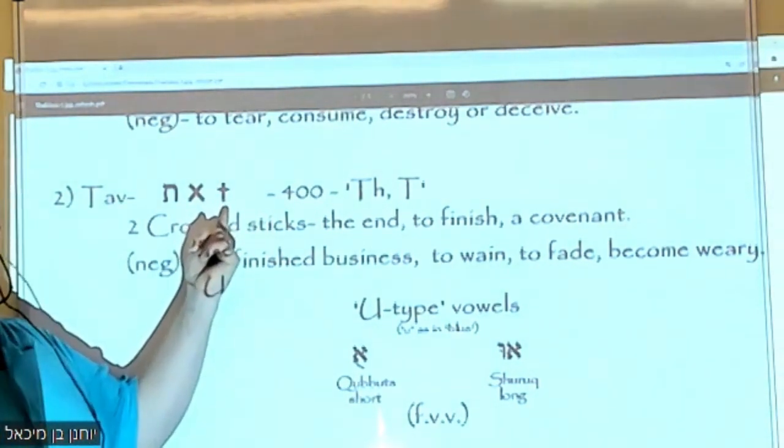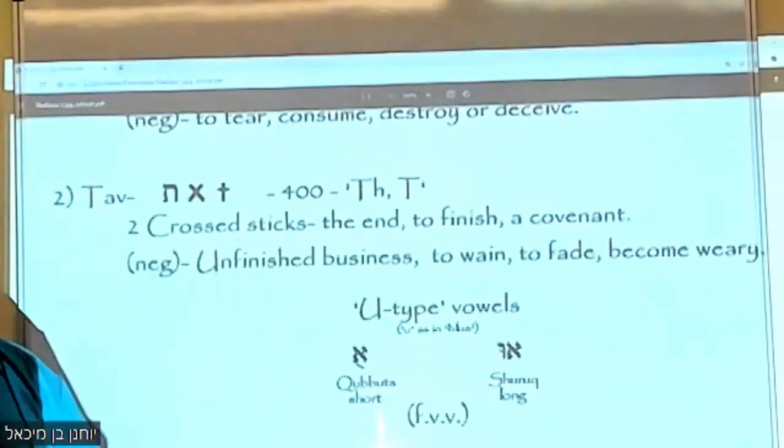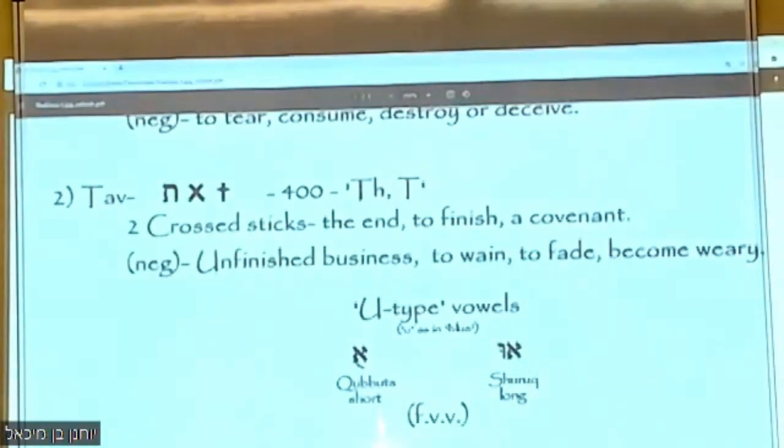Okay? So in the first form, it was like an upright cross. All right? Now, well, again, from the Aleph to the Tav, the beginning to the end, okay?